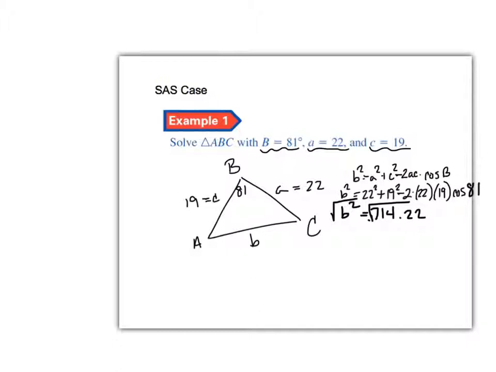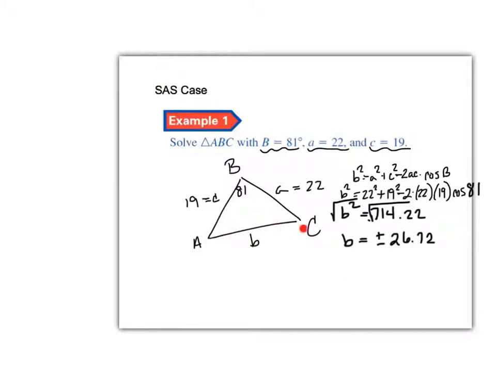And what we're left with then is the value of b. So we'll get b is equal to positive or negative 26.72 approximately. Now, we need to realize here that this positive negative stuff doesn't really make sense in the context we're dealing with, a side length of b.